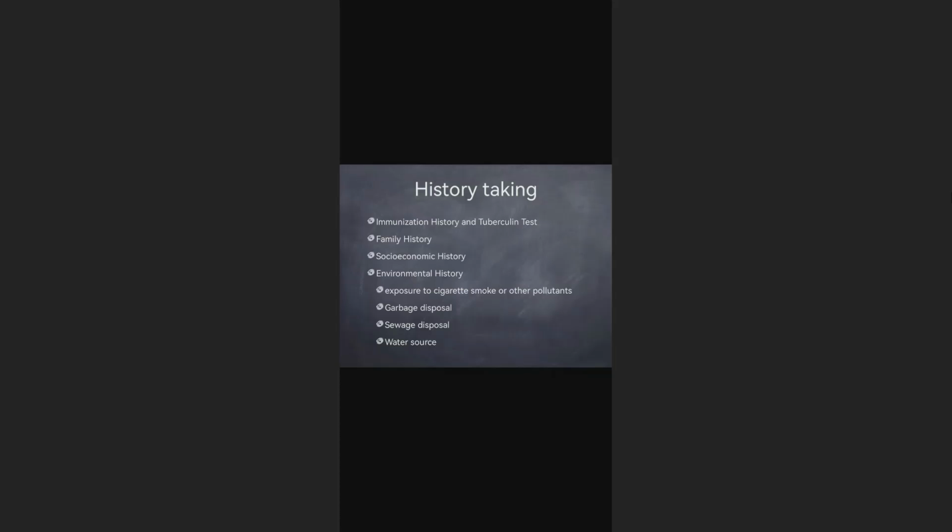The socioeconomic history, the environmental history, important ang socioeconomic history in pediatrics because sometimes we have diseases that are chronic and long-staying diseases. So that's why we ask for the capacity of the patient if they will be compliant to the proposed medical treatment of the patient.